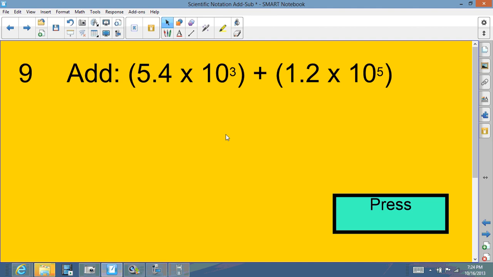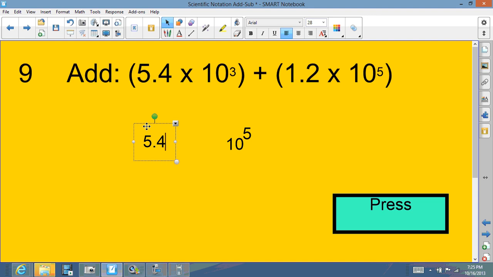So I want to make this 10 to the 5th power because that's the exponent that I need, but I have 5.4 and I need to make that exponent bigger.